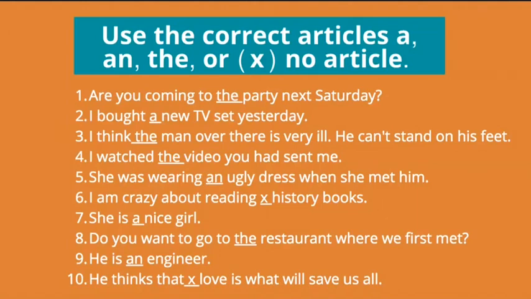So I hope this is very helpful. And I hope that next time you stumble upon nouns or sentences that you have to create, you'll be able to use them correctly. And that's about it.